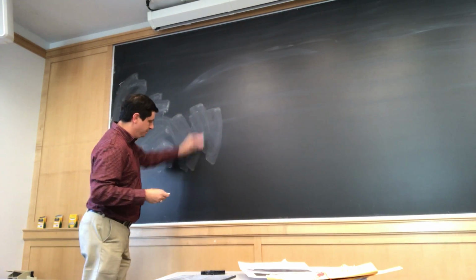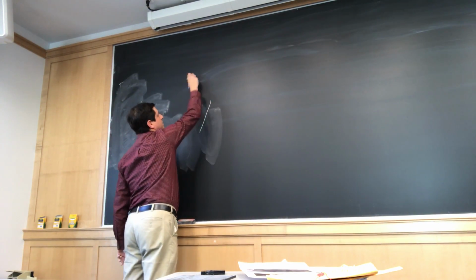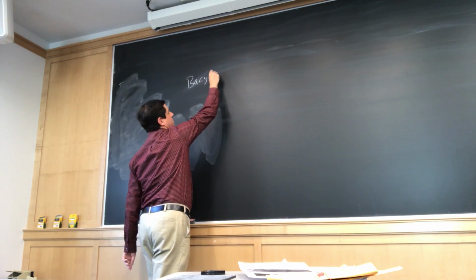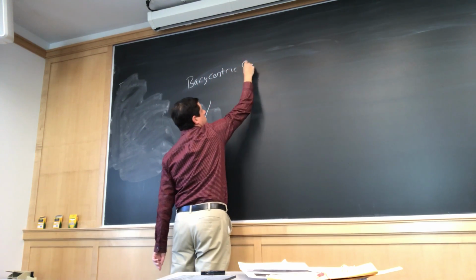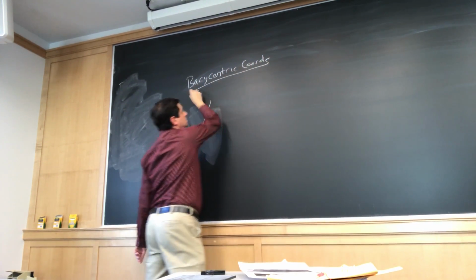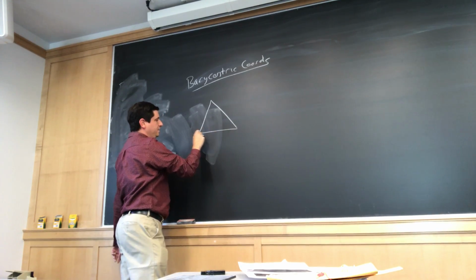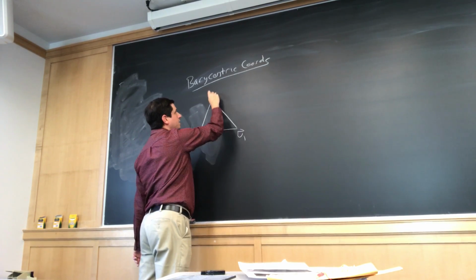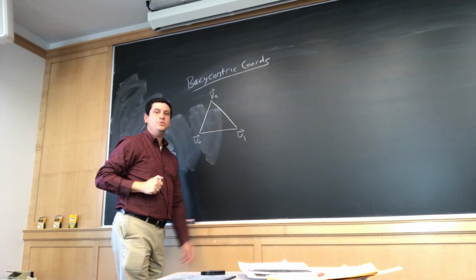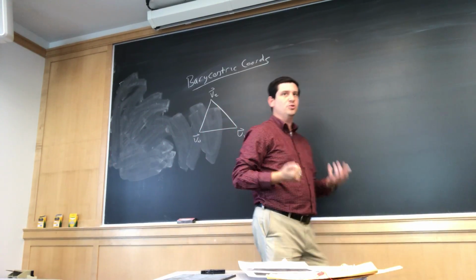Our coordinate system is going to be the barycentric coordinates. So this will be V0, V1, and V2. And we will be continuing our tradition of starting our count with 0.